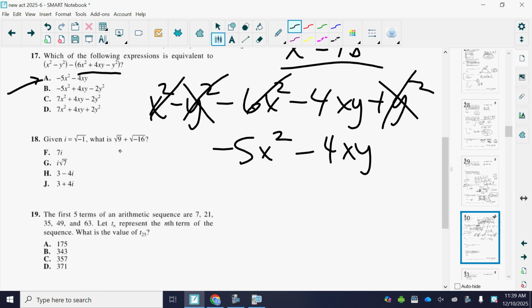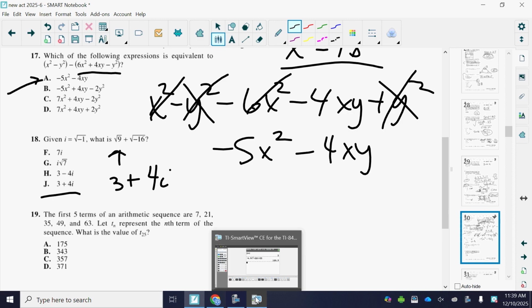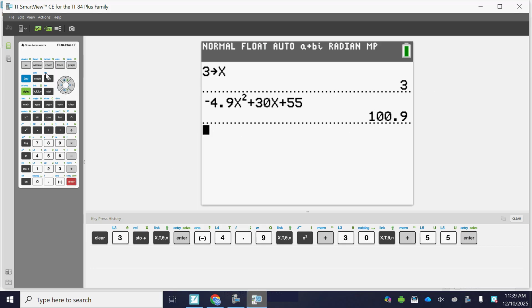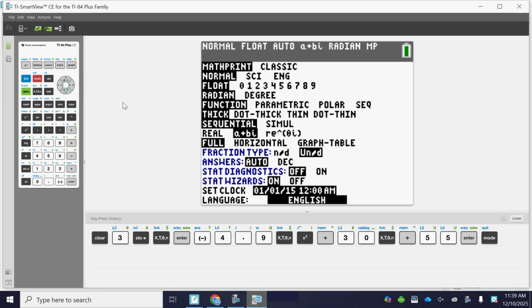Imaginary numbers. The square root of 9 is 3, the square root of negative 16 is 4i. So there's your answer. Okay, and all you have to do, if you followed my instructions in the pre-class, is be in a plus bi mode.